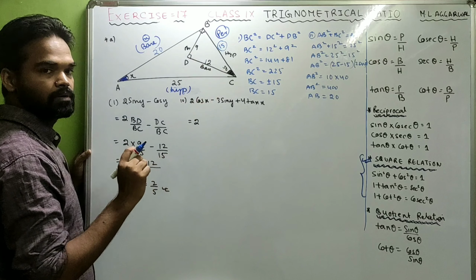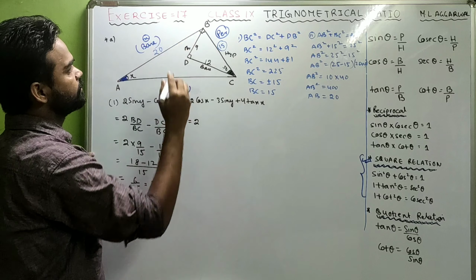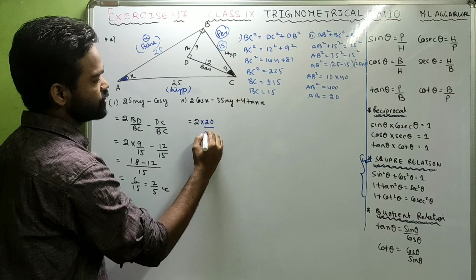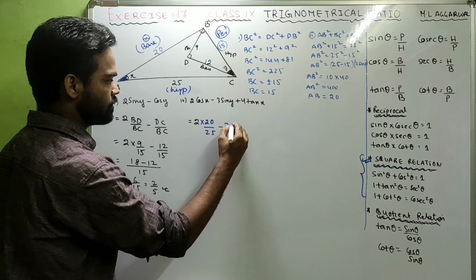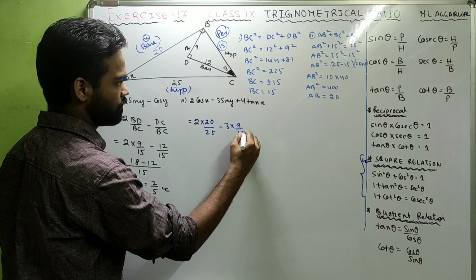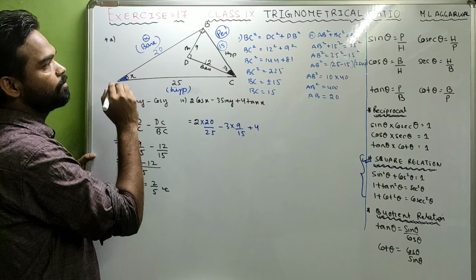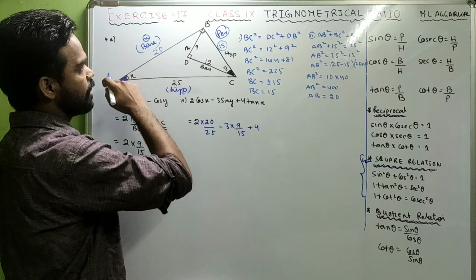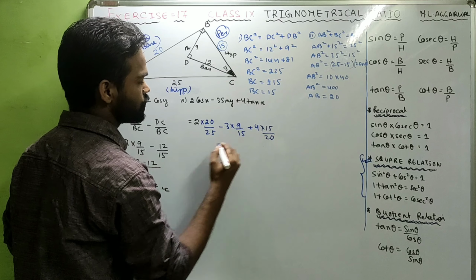Now cos x, which is base 20 and hypotenuse 25, minus 3 sin y, we already got 9 by 15, plus 4 tan x, perpendicular by base, that's 15 by 20. Look carefully, 15 by 20.